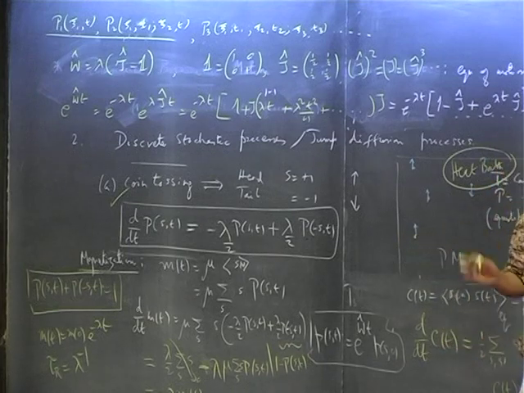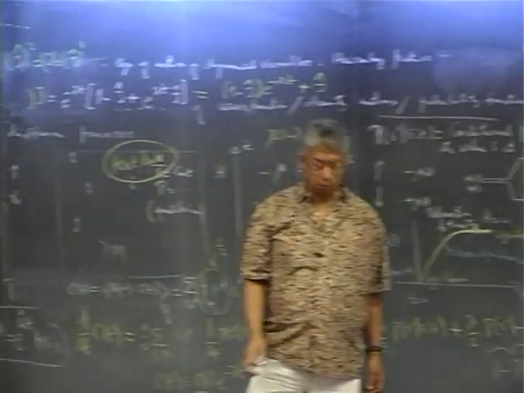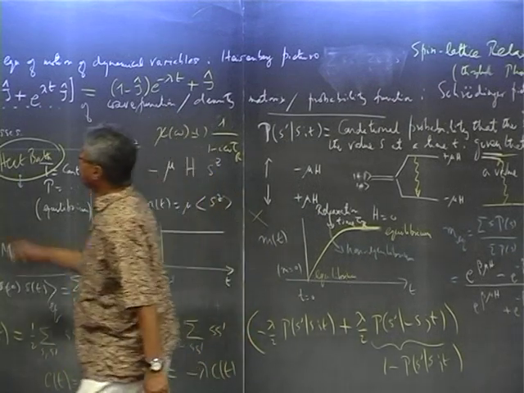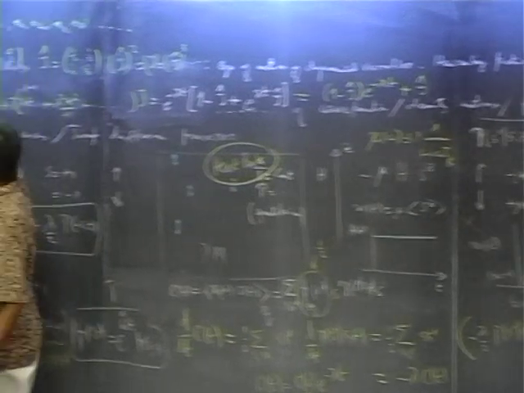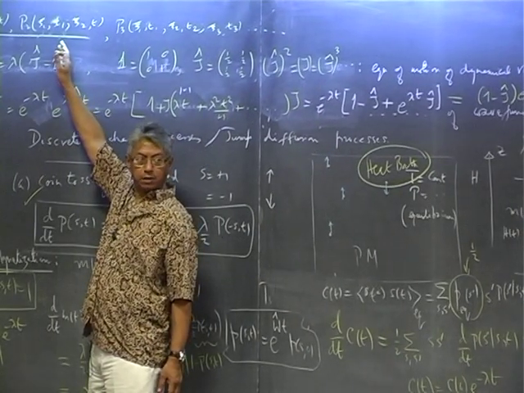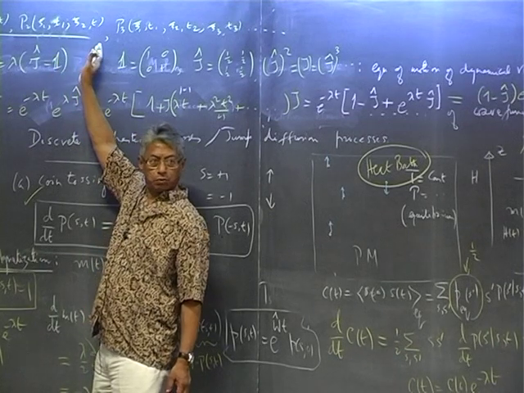Right? Furthermore, I can write this joint probability. This is the joint probability that xi takes the value xi1 at time t1 and xi2 at time t2.